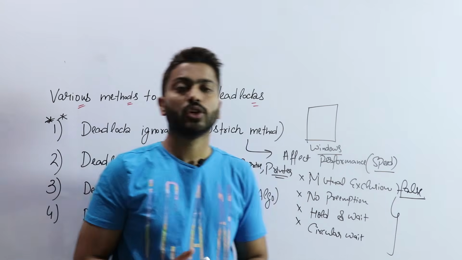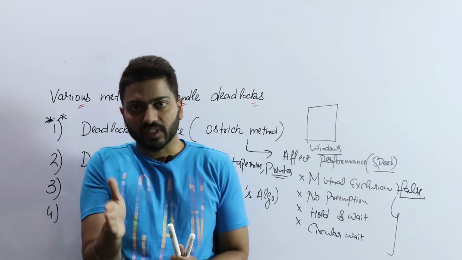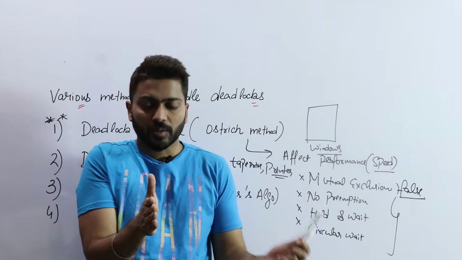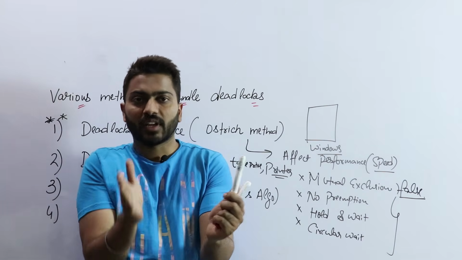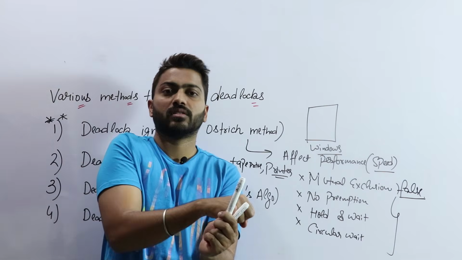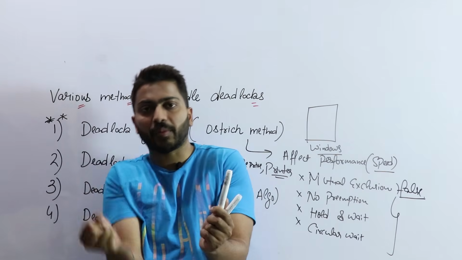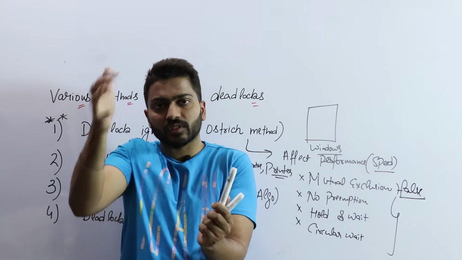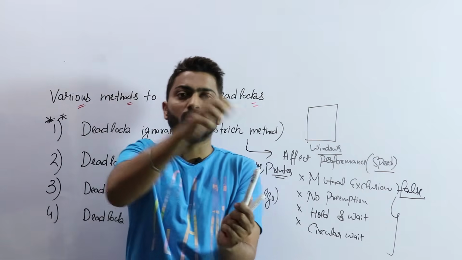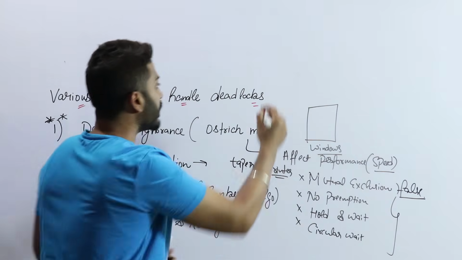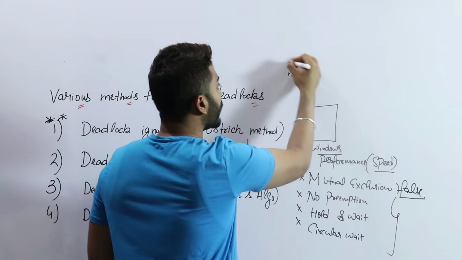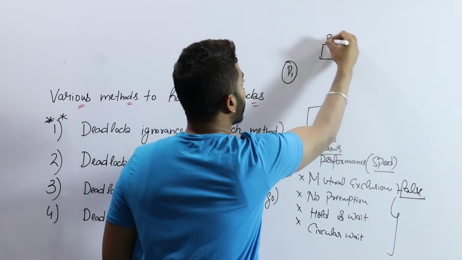Second, no preemption. No preemption means if a process is going on and another process is going on, I will try to preempt one of the processes. When the process is preempted, whatever resource it is holding will be given to another process. Let's say, I'm just making the diagram. We have already seen this diagram many times.